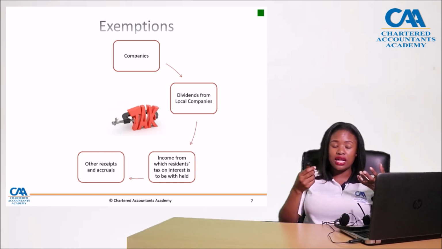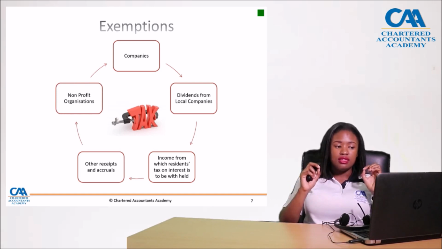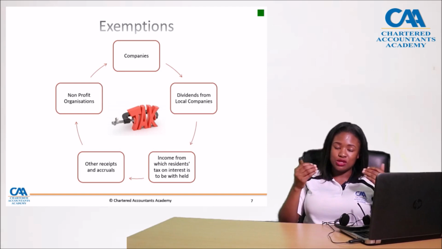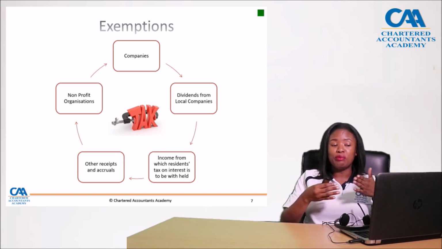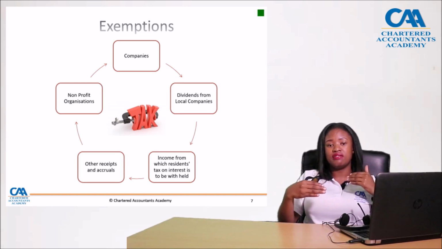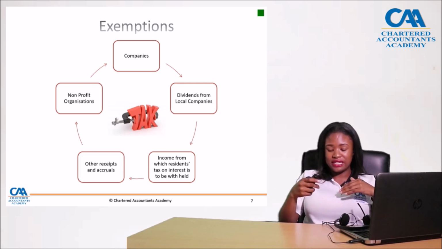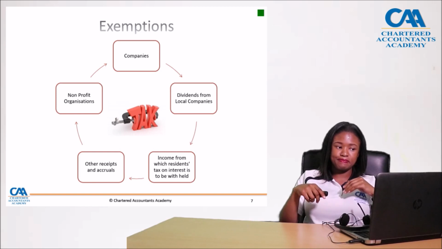So we have our NGOs, these councils which are not for profit. These guys also are exempt from paying tax for obvious reasons, because we want to help the community as much as we can, and giving these guys the incentive of exempting them from paying tax will encourage more activity in that area.